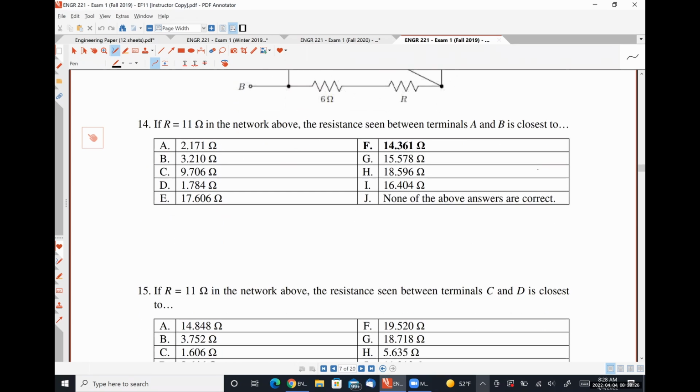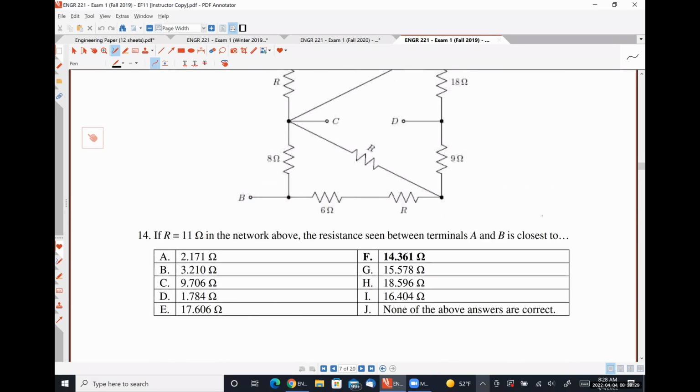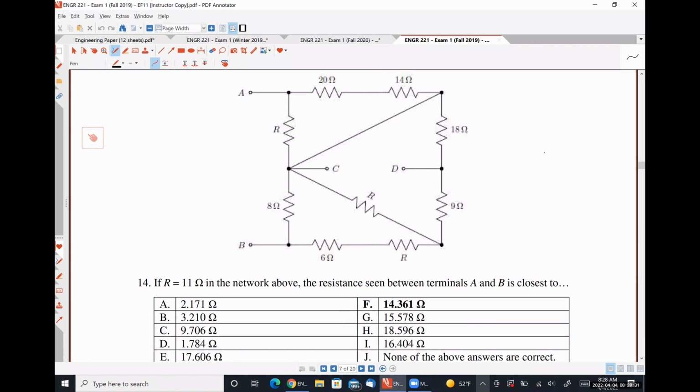All right, so we're trying to find the resistance between C and D. Okay, so I'm going to label my nodes.